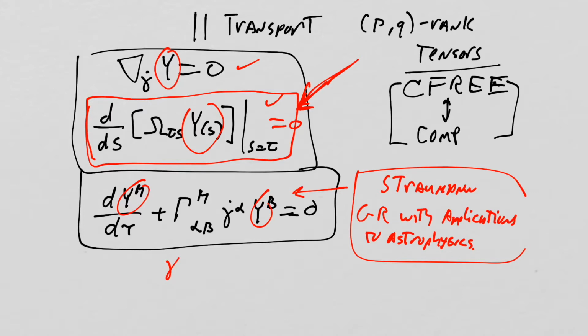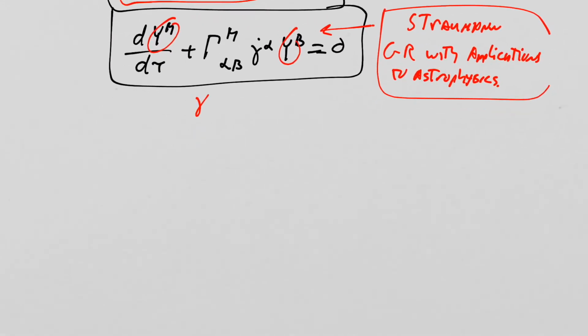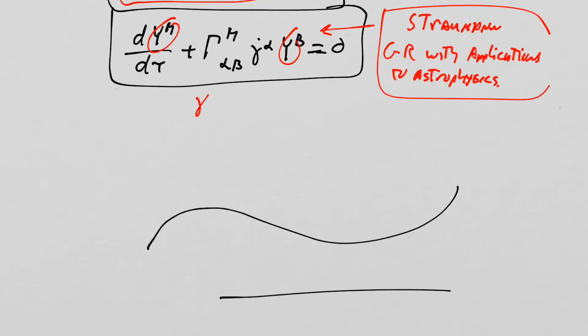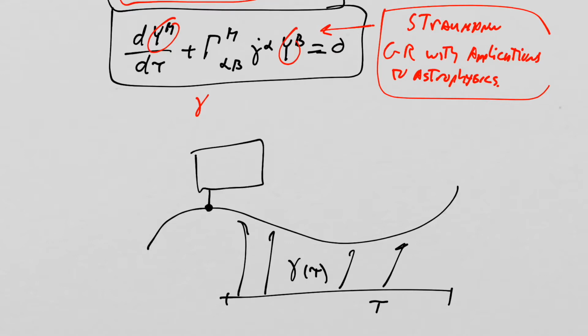Okay, but still, it's all for vectors. So now we have to think about this in terms of general tensors, because everything should be able to do a parallel transport, right? If I have some curve in my spacetime, with some parameterization tau, some curve gamma that takes each of these points onto the curve. At this point, I've been showing a vector space, but I could have any tensor product space.